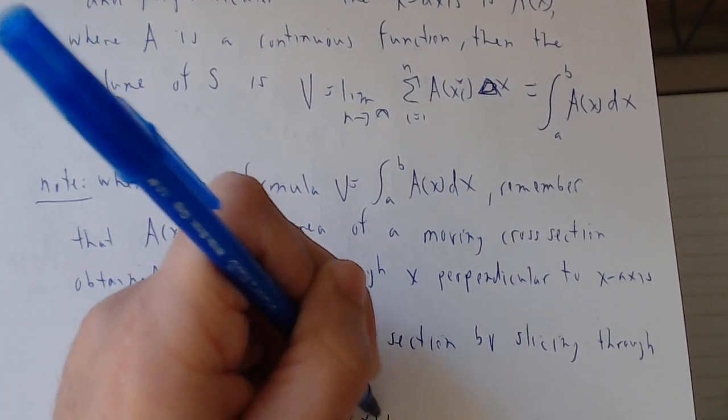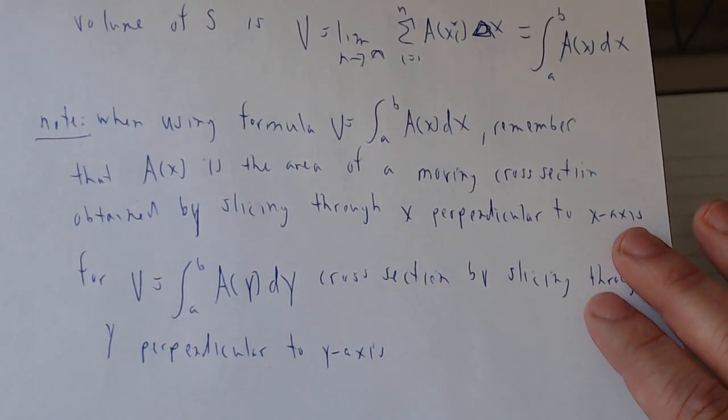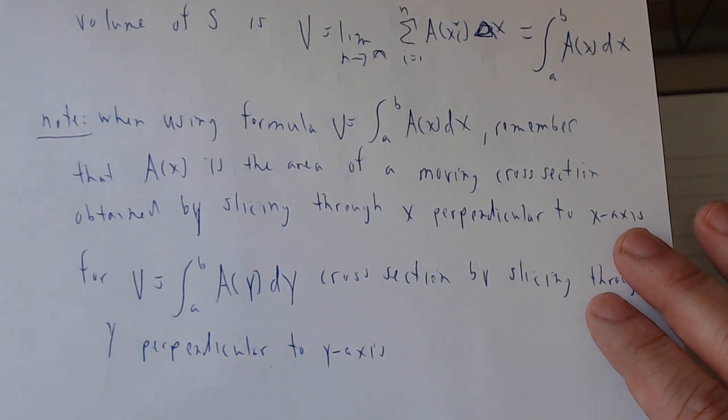So you'd have to decide which kind of cross section you want to take, perpendicular to the x-axis or the y-axis? And sometimes one would give you a much better shape that you'd find the area of rather than the other.